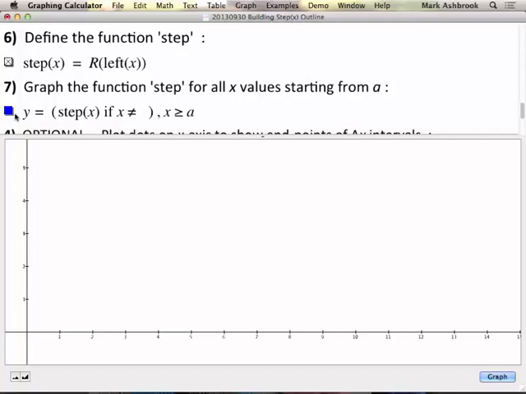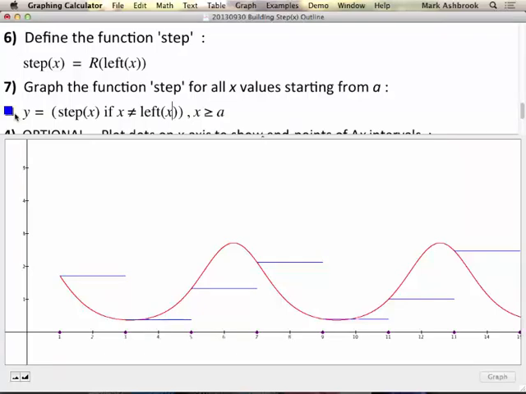So how can we talk about the end of every interval? What's the end of every interval? Left X, right? That's the ends of the interval. So if we graph it everywhere except at the X values that are the left ends, that should get rid of our vertical lines. How do you get that equal sign?